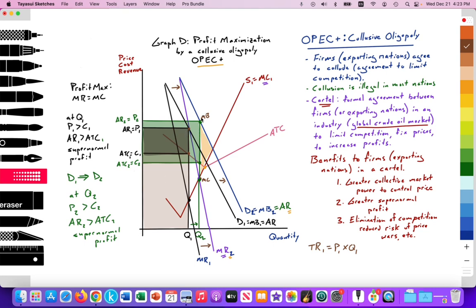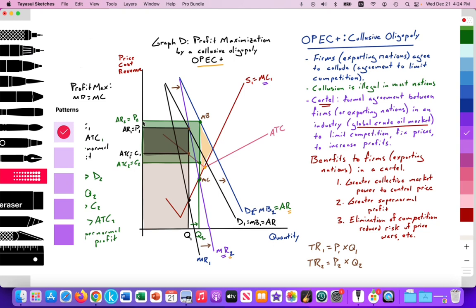And the demand shifts out, D1 to D2. So total revenue 2 is now equal to the price of P2, the higher price of P2, times the increased quantity of Q2. And what does that look like? Let's use kind of a purplish color, perhaps. Okay, so now it is this higher price, P2, times Q2.